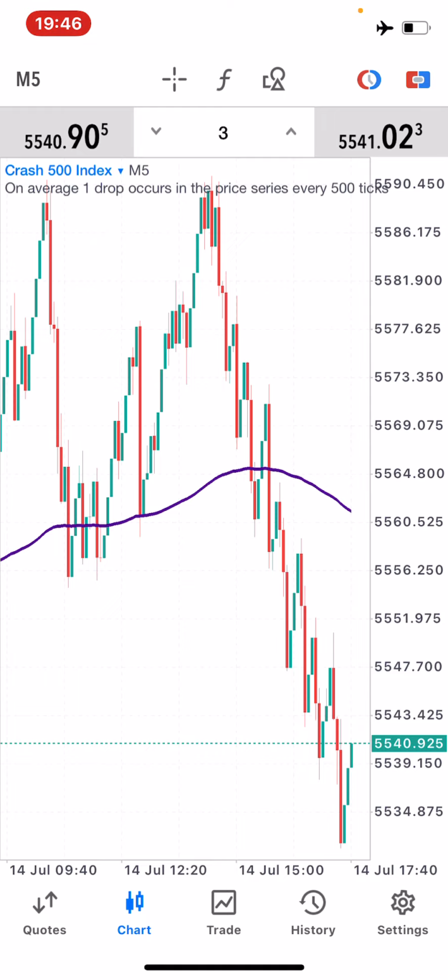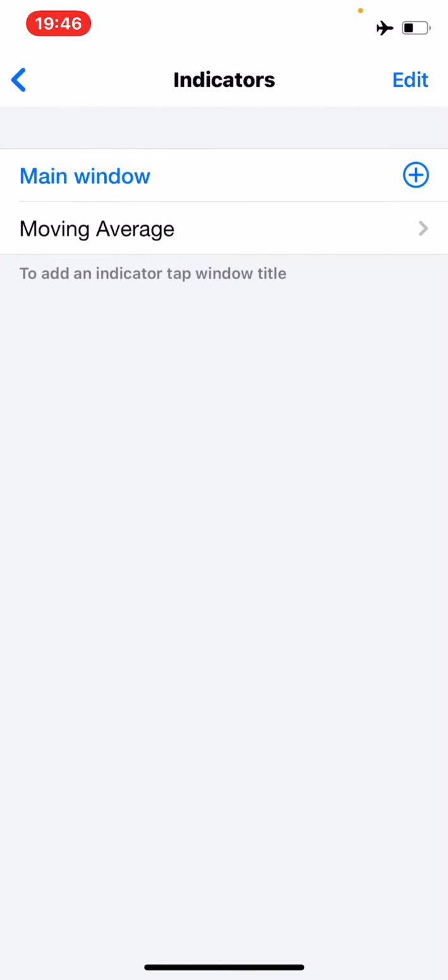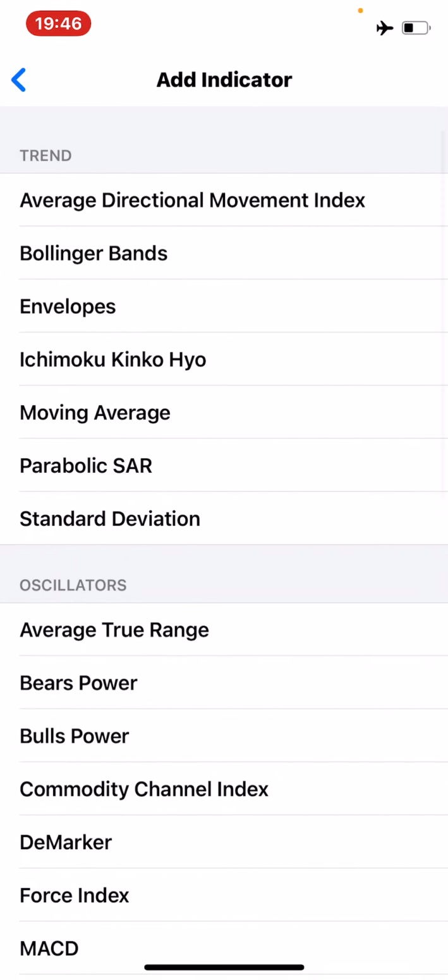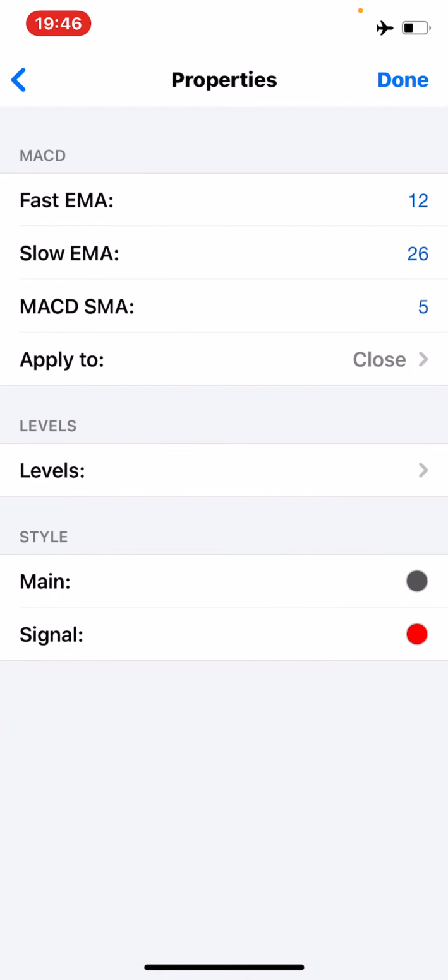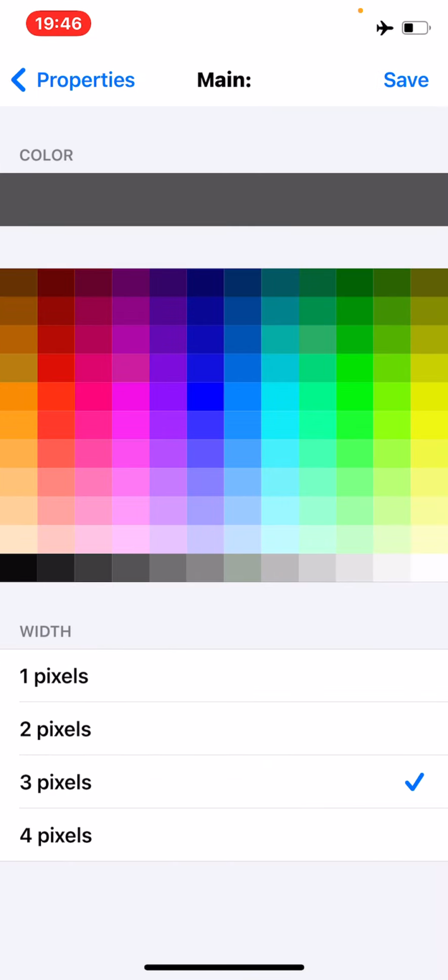Okay, and then the next indicator that we want to install is the MACD. So we're going to look for MACD, which is right here, and this MACD will have the following properties that you see on your screen: a fast EMA of 12, a slow EMA of 26, a MACD SMA of 5, apply to close, no levels, and then the styling for this one, we want our main to have the gray color as you see there, and then our signal should have the red color as you see right there.